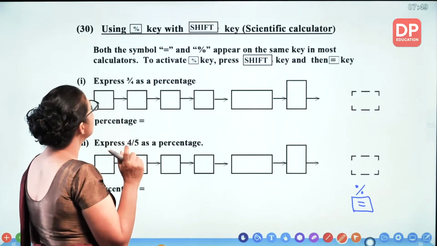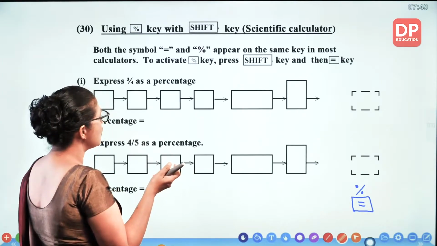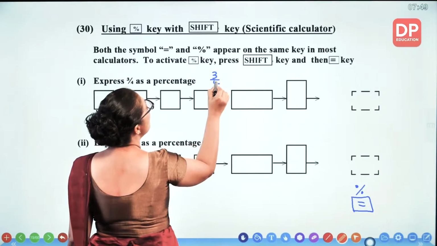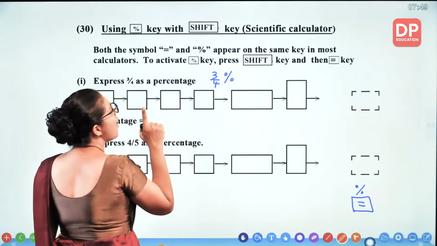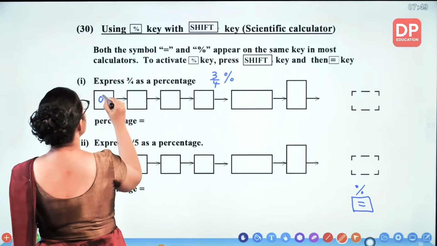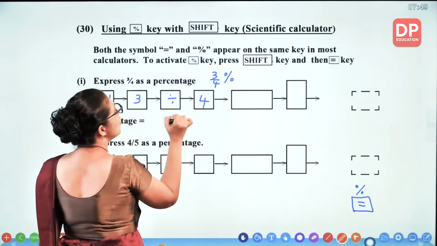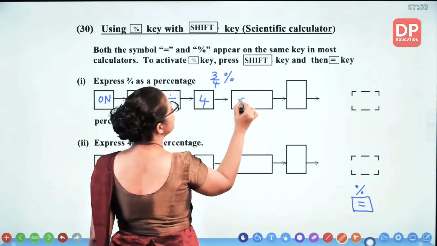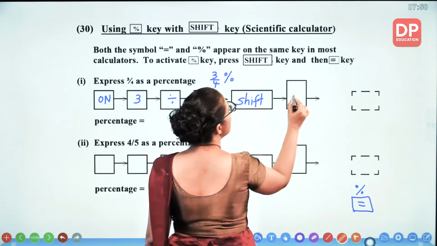Express 3/4 as a percentage. What's the calculation? 3/4 and then the percentage sign. So you have to press shift and equal sign. Switch on, 3 divide by 4 and then press shift and equal sign.